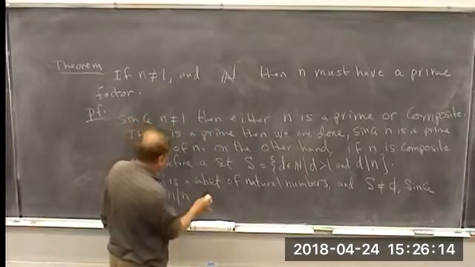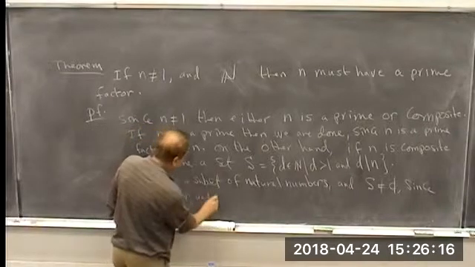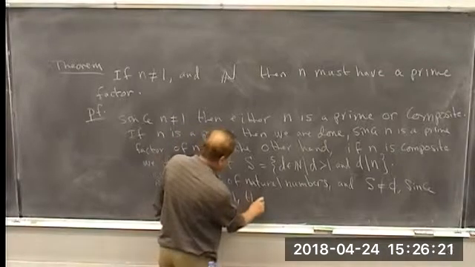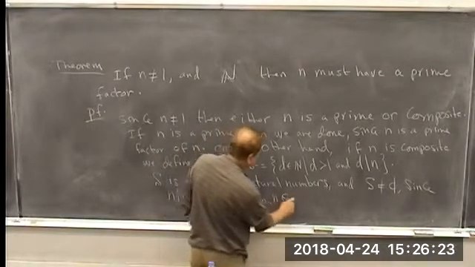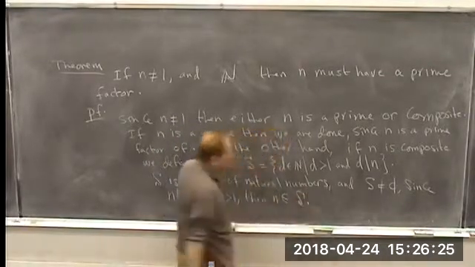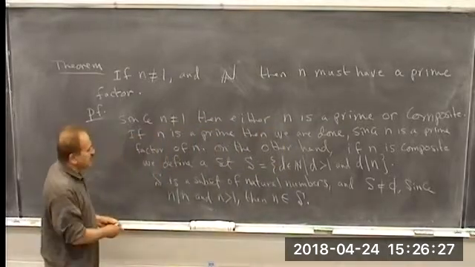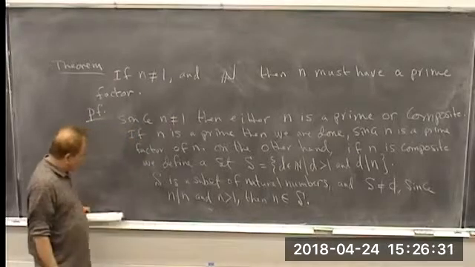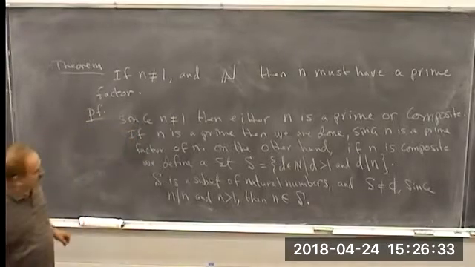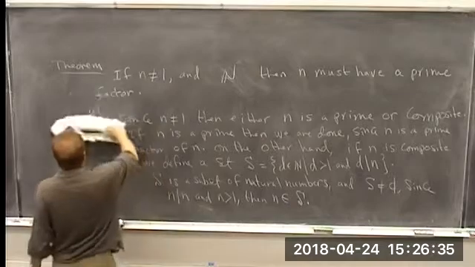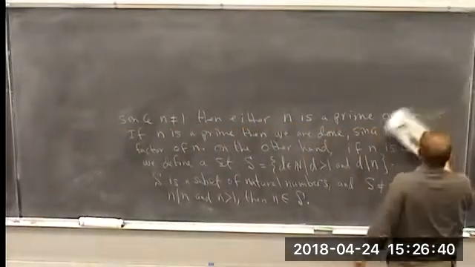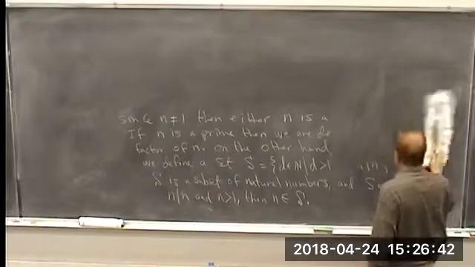And of course, it is bigger than 1, so n belongs to S. So we have a nonempty subset of natural numbers, and then it must have a least element by the well-ordering principle. S has a least element.